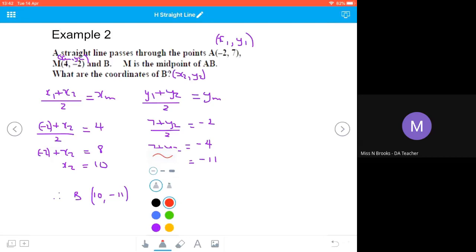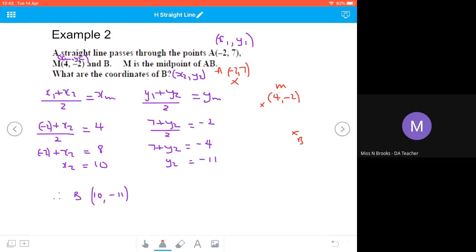If we have A as -2, 7 here, that's point A, we're going to put M here, and M is our coordinate for -2, and that's M. So we know that B is going to have to be down here somewhere, and that is going to be our B coordinate. And they're all on the same line segment.